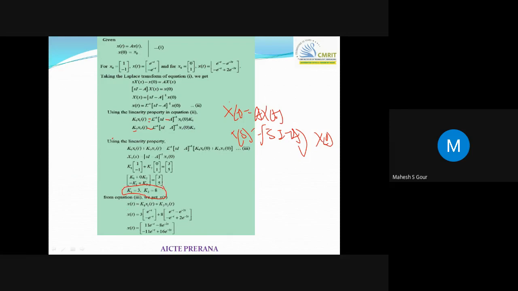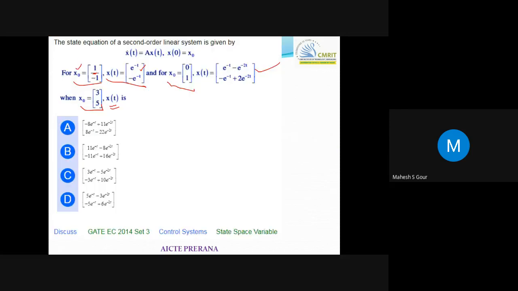Now similarly put for the k2. So x of t will be equal to k1 into x1 of t and k2 into x2 of t. What is your k1? 3 and 8. And put the values. Means I'm equating these two. See what I'm doing, I'm taking this initial value and this initial value.